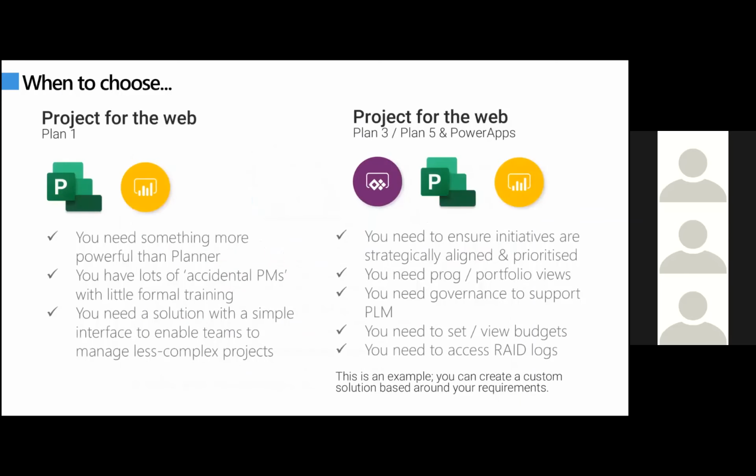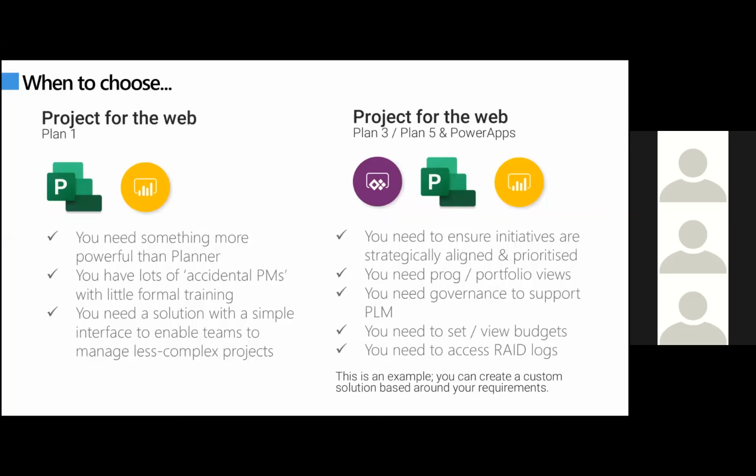However, that's something we would take care of in the first place. As I mentioned on the previous webinar, Project for the Web, otherwise known as Project Plan 1, is a core offering aimed at the accidental project manager, as you can see on this slide. Today, we're still looking at Project for the Web, with a focus on Project Plans 3 or 5, which are required if you want to connect to or build and run Power Apps that access Project for the Web data.